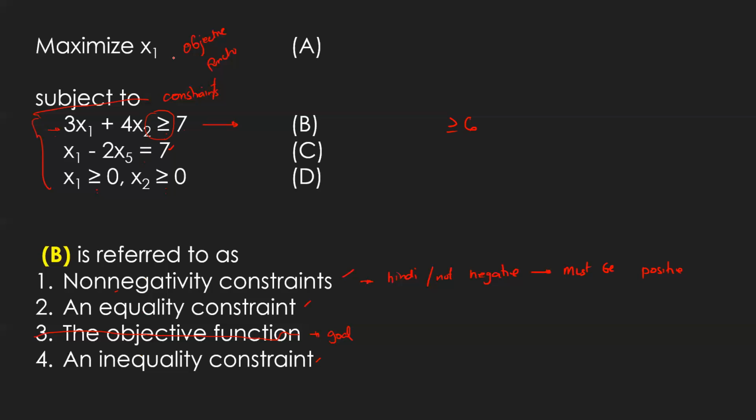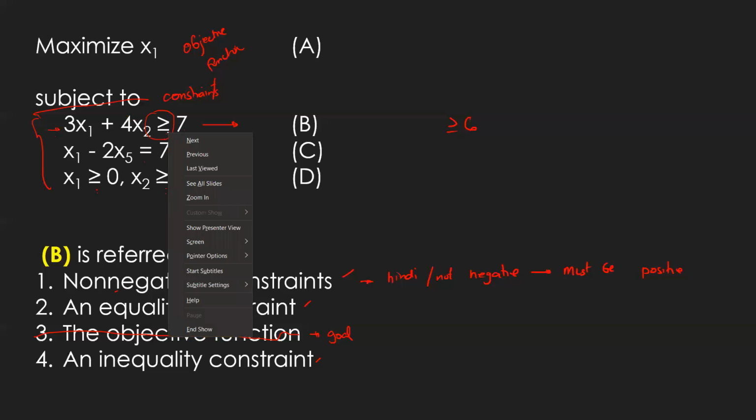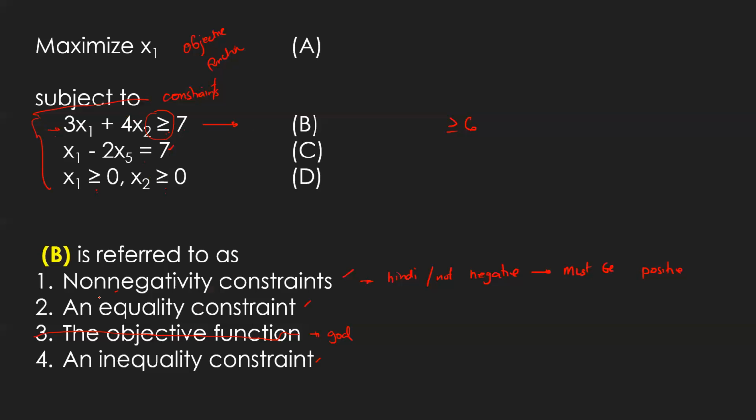So clearly, itong first one is an objective function. Ito, yan, papatak siya as, ano bang sign yun? Di ba that's an inequality? Di ba? Not equal, so greater than or equal. So, inequality function. Tama?